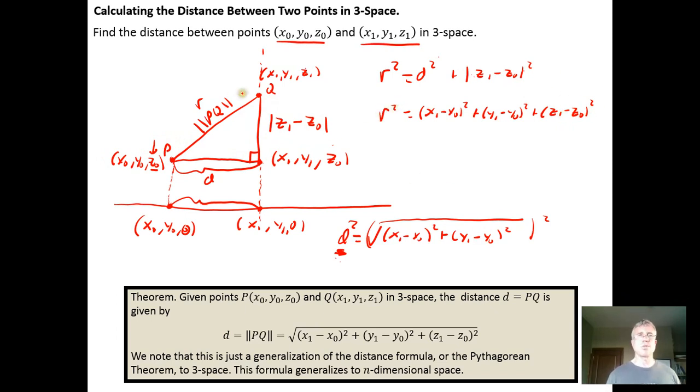So this would be the square of that radius or distance from P to Q, and if you needed to know the distance itself, you would just take the square root of both sides. So I like to think of this as a Pythagorean theorem in three-dimensional space, and this box right here formalizes that result, something that you can put in your notes.